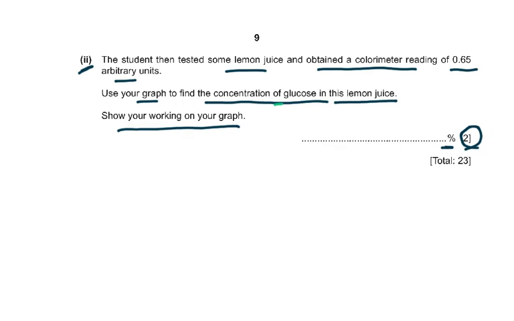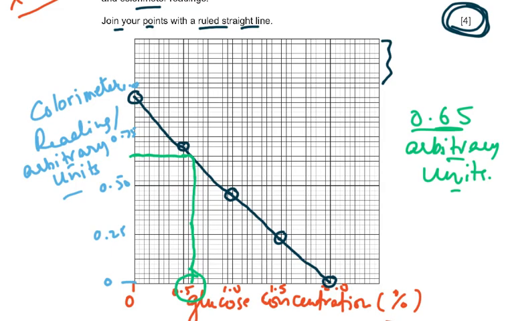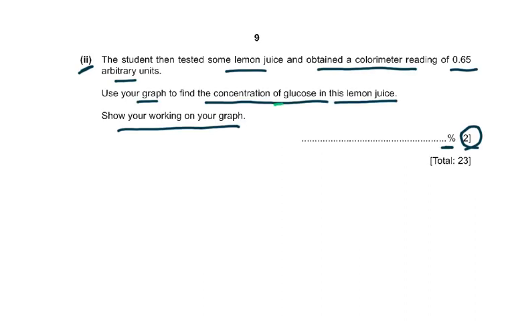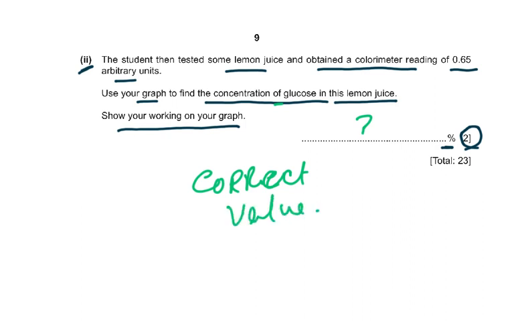The main mark was for showing me this green line on the graph, and then giving me the reading. Every student was different, because whatever you read from your graph was correct. So give me the correct value from your graph.